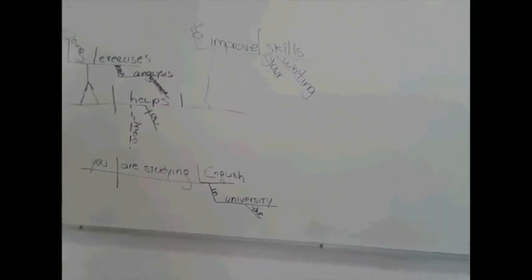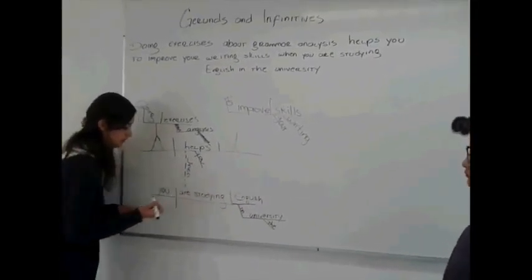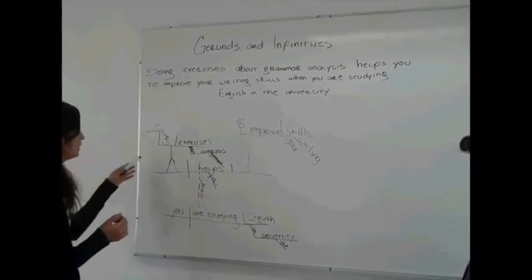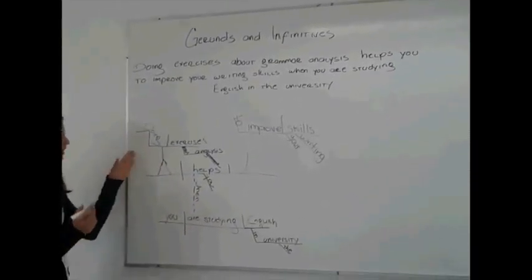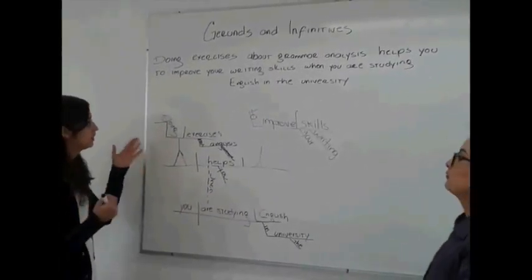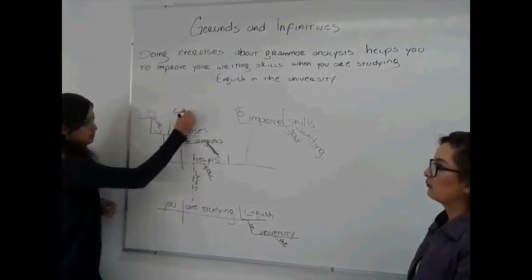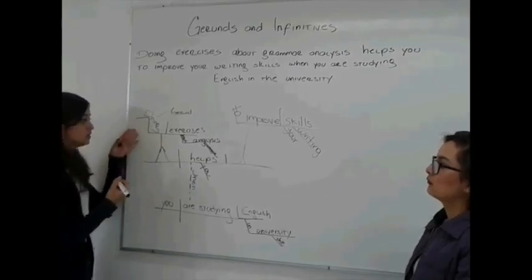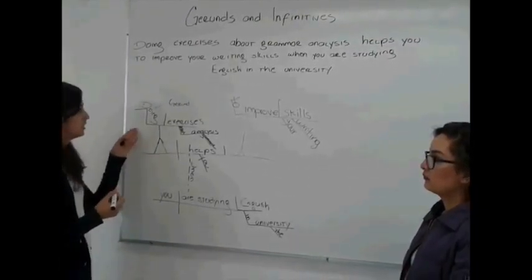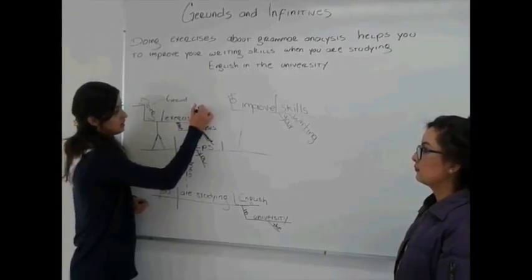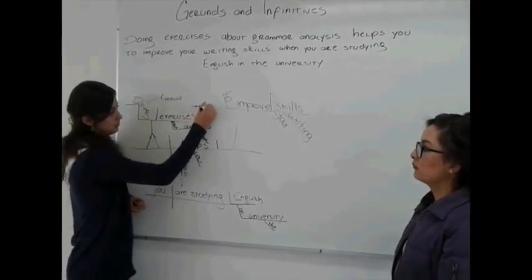Okay, so we have finished our diagram, and now we're going to continue labeling each word, starting with the subject. As we already said before, doing is a gerund. And that's why we also use this symbol, the gerund symbol. Exercises is a common noun.